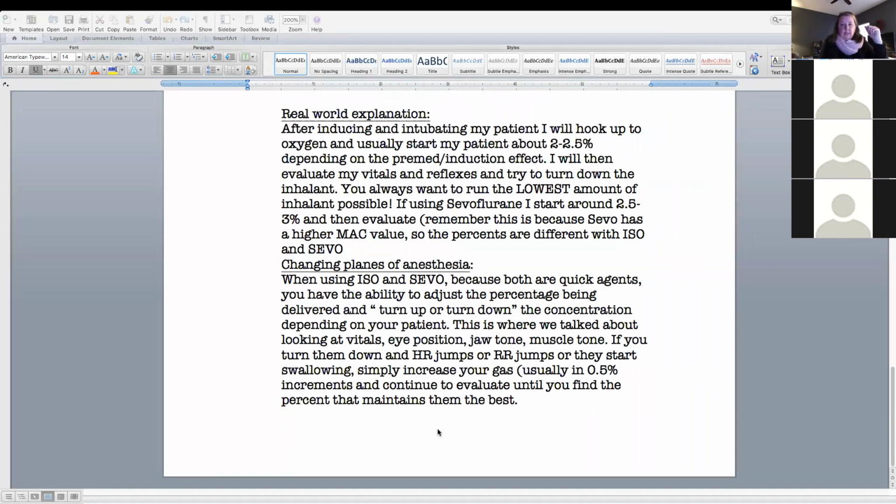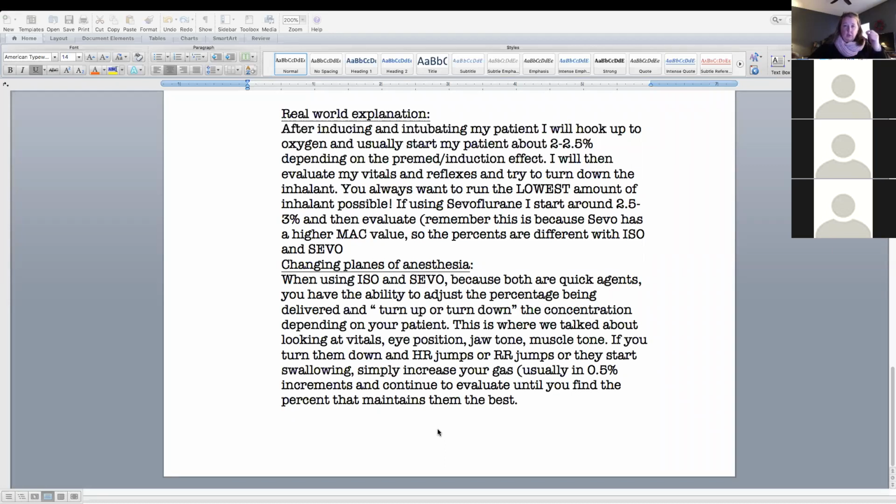If you're starting to see eyes central, respiration down, heart rate down, jaw tone loose, and blood pressure, everything going down, then I would turn my anesthetic down. I mentioned this when I talked about monitoring and low blood pressure: one of the very first things I do is try to turn down my gas anesthesia.